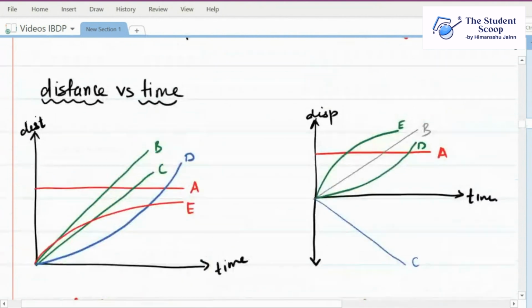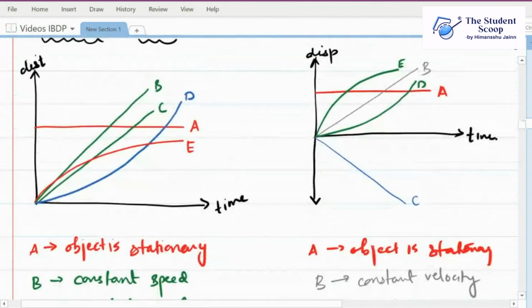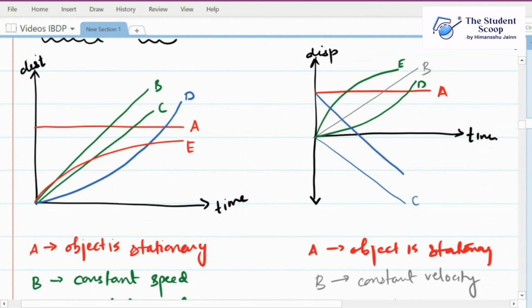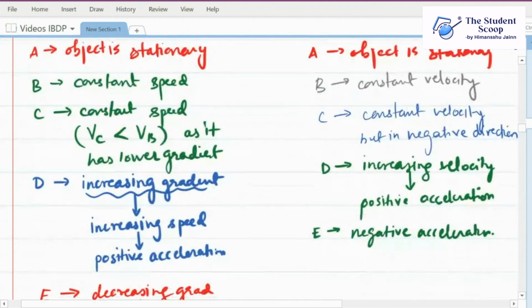Now, what is unique about this graph? One more thing that is possible here is that it can be something like this. It starts from a certain displacement and then goes in the opposite direction completely. If this is F, it is the same as C, just with a different starting point.